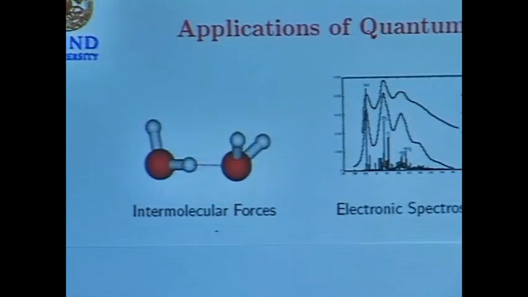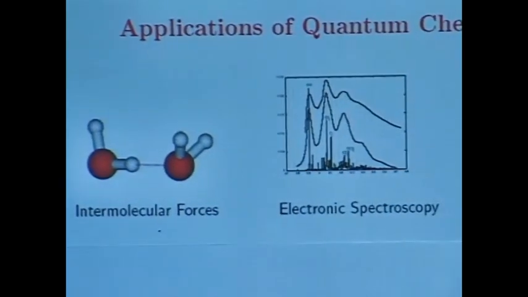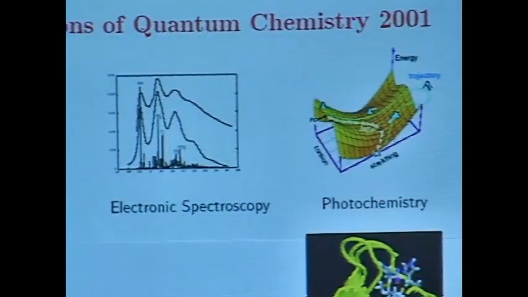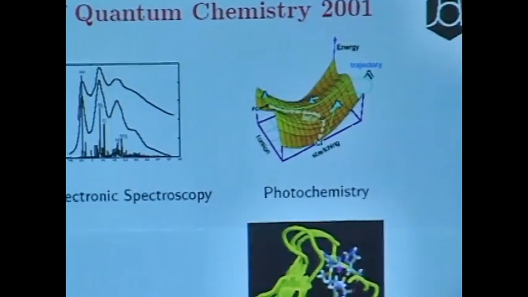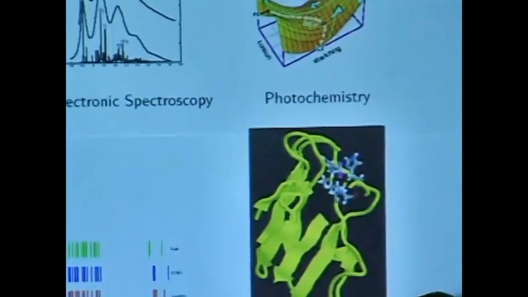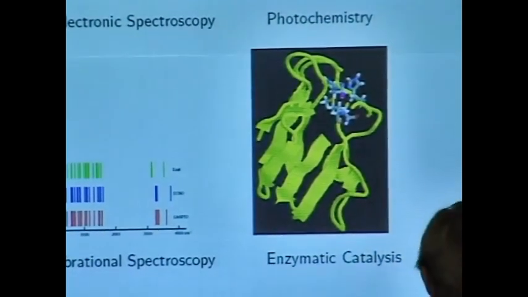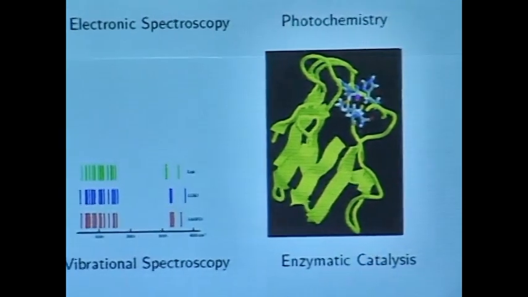Photochemistry, and this is a picture I borrowed from Mike Robb in London, who is doing a lot of photochemistry studies on organic molecules, how the reaction goes and where the conical intersections are that drive the reaction, etc. There is a so-called funnel here, for example, on this surface.